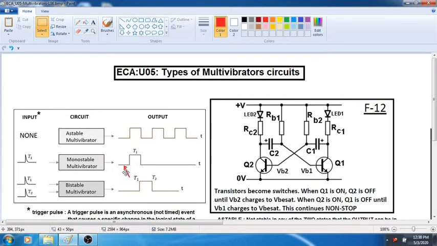Let us assume that is the low state. Let us say the monostable multivibrator says, no, I am not interested, I don't want to go to the high state, please leave me alone, I want to be in the low state only. That means the monostable multivibrator, given a choice, would like to be in one state only.